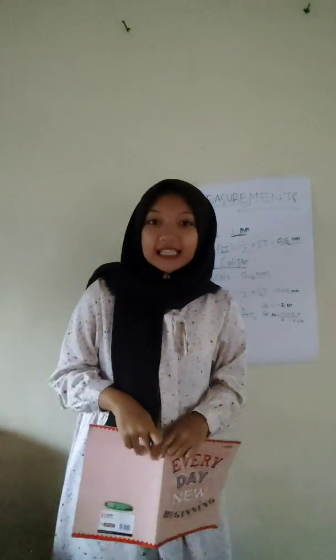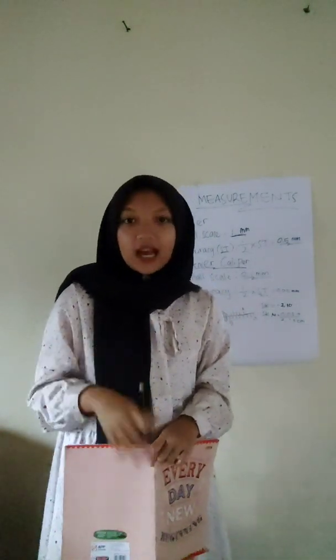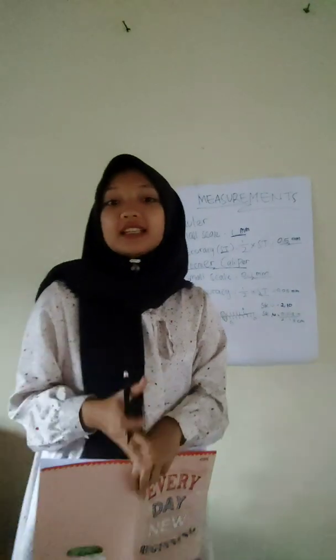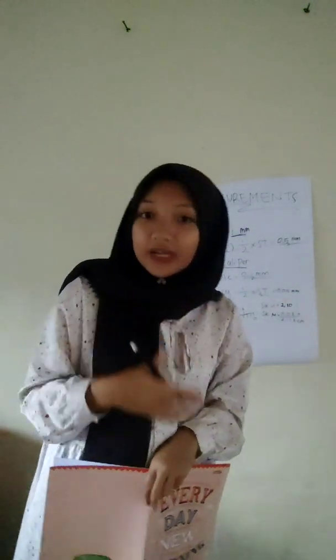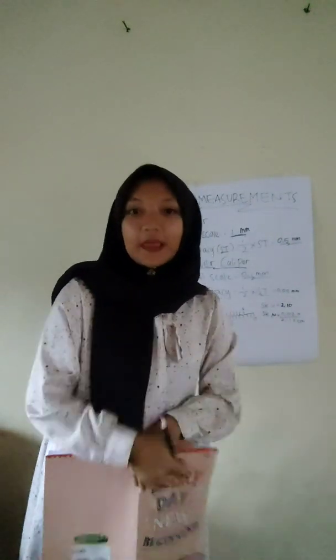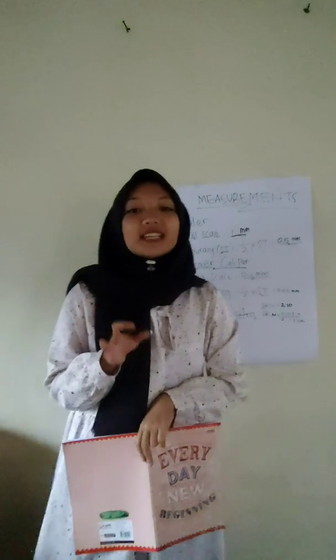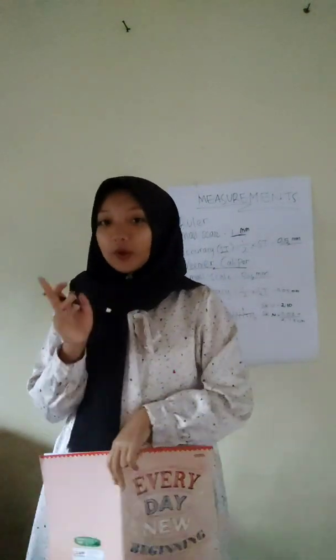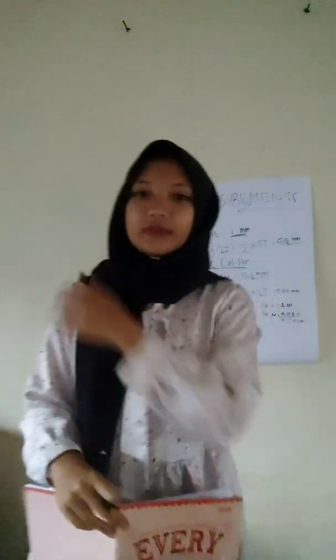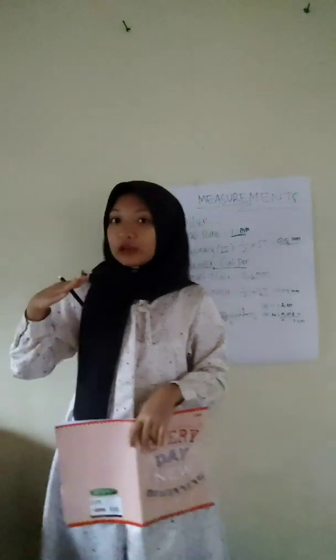It is number 3, which is where the lines between the main scale and the sliding scale coincide. Then the number 3 must be multiplied by 0.01, so the result is 3 times 0.01, which is 0.03 for the measurement of the nonius scale.